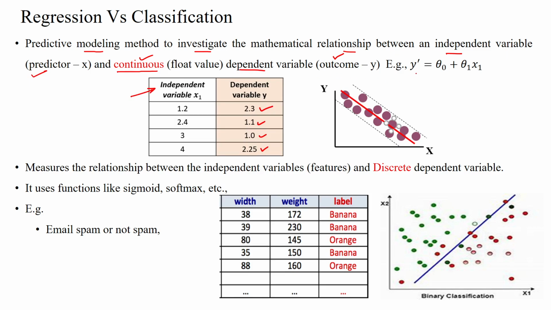The straight line equation for linear regression is y dash equals theta 0 plus theta 1 x1. Here theta 1 is the slope and theta 0 is the y intercept, which gives you the relationship between the independent variable x and dependent variable y.